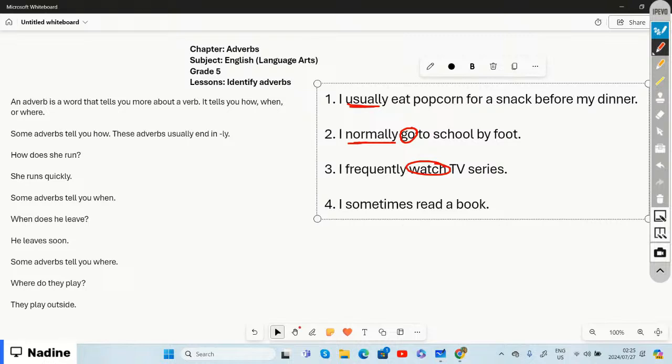We need to select the adverbs. All right.